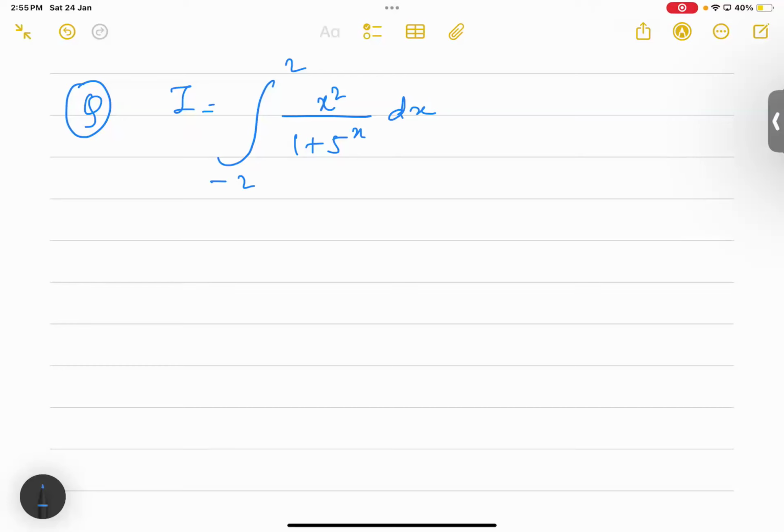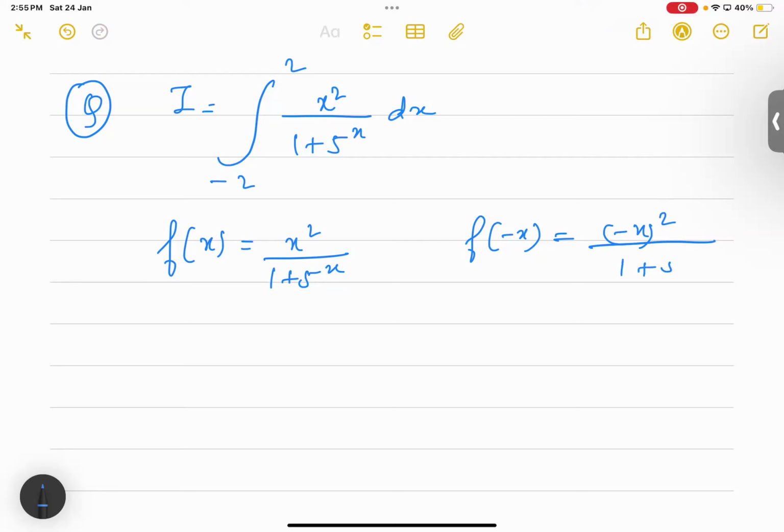Okay. What is your suggestion over here? So f of x is x square upon 1 plus 5 raised to x. F of minus x is x square upon 1 plus 5 raised to minus x.